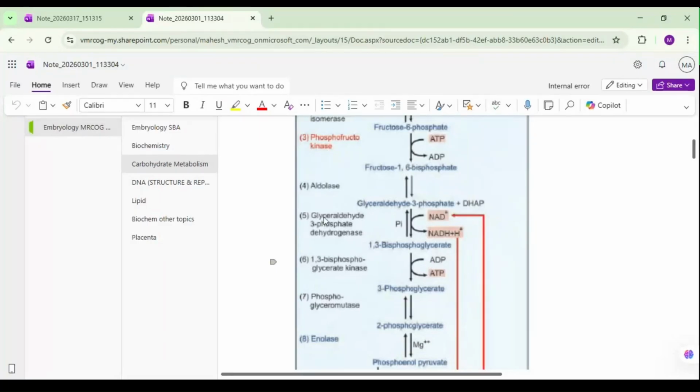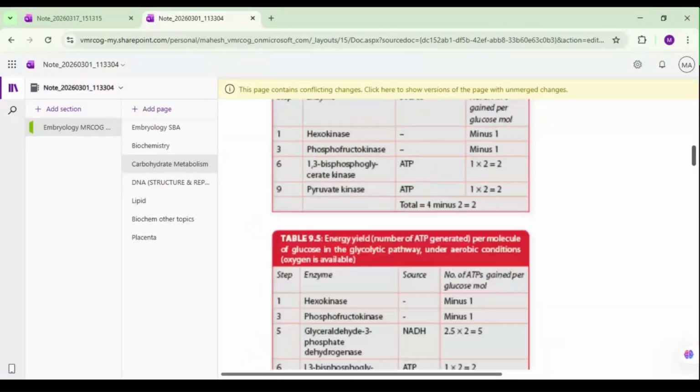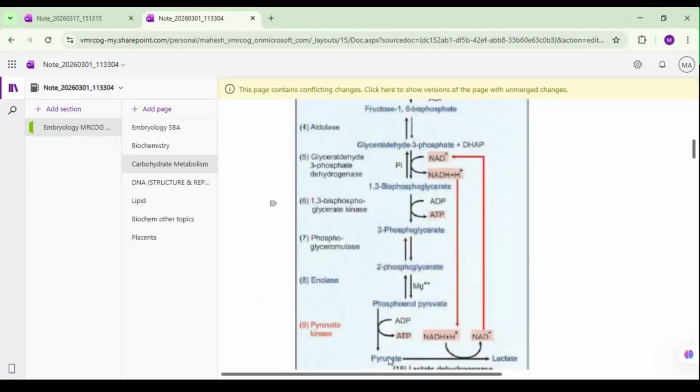Okay, so now concentrate on step 5. At step 5, what is happening? NAD is getting converted into NADH. So there, one NADH is getting generated. Okay, so step 5 is coupled with step 10, where pyruvate is getting converted into lactate, and the NADH which is formed in step 5 is again utilized to get back the NAD.